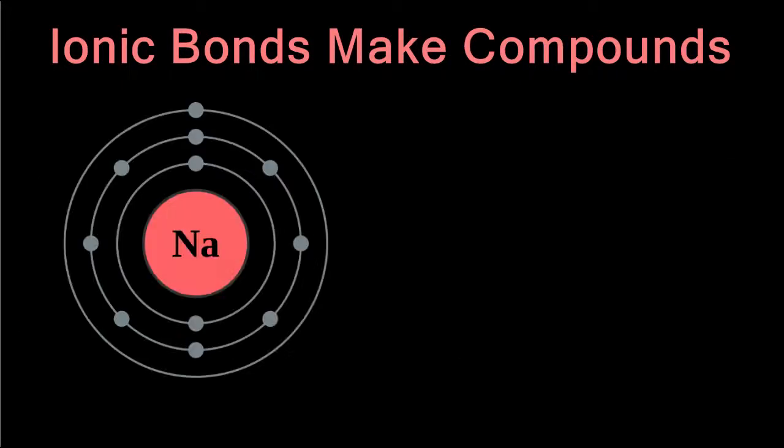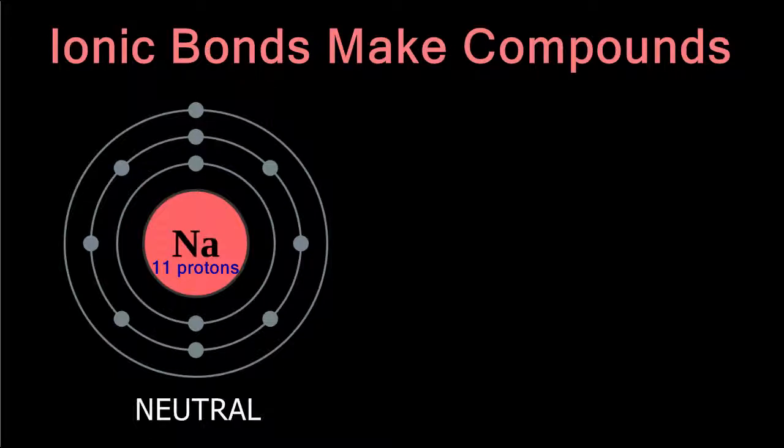A sodium atom has 11 protons in its nucleus and 11 electrons orbiting in the electron cloud, 2 in the first orbital, 8 in the second orbital, and 1 in the third orbital. Because sodium has the same number of protons and electrons, it carries no charge.